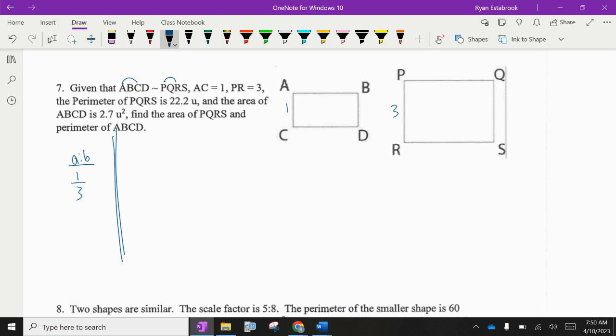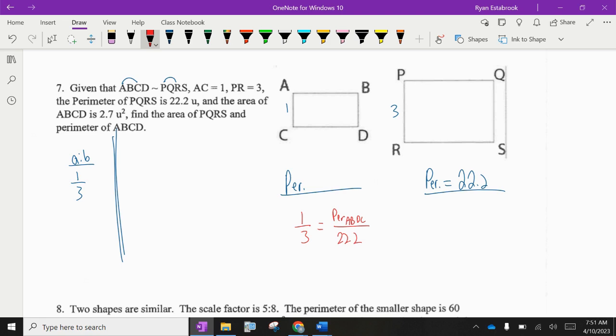And since the perimeter for PQRS, the big one over here, is given to be 22.2, we can use that to find the perimeter of the small one. And that's just going to be the same ratio that we were given already. So bringing this part of it together, I could say that 1/3, this ratio between those corresponding sides, is equal to the perimeter of this ABDC divided by the perimeter of the one on the right, 22.2.